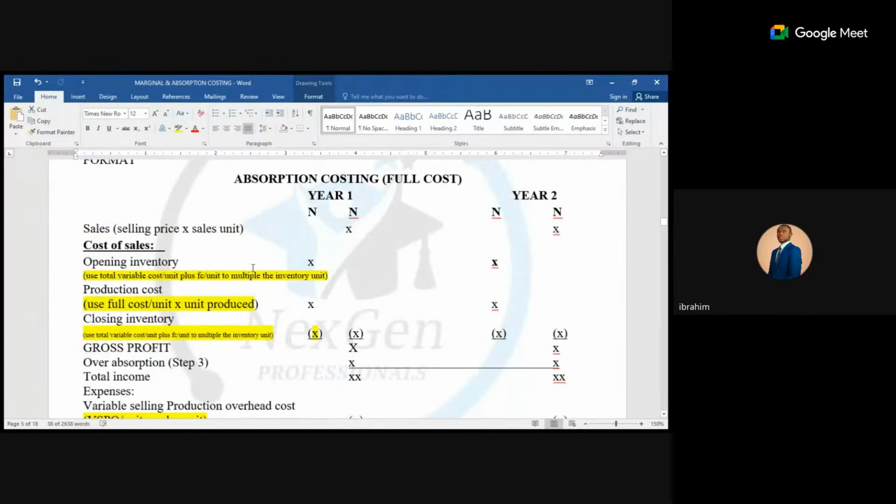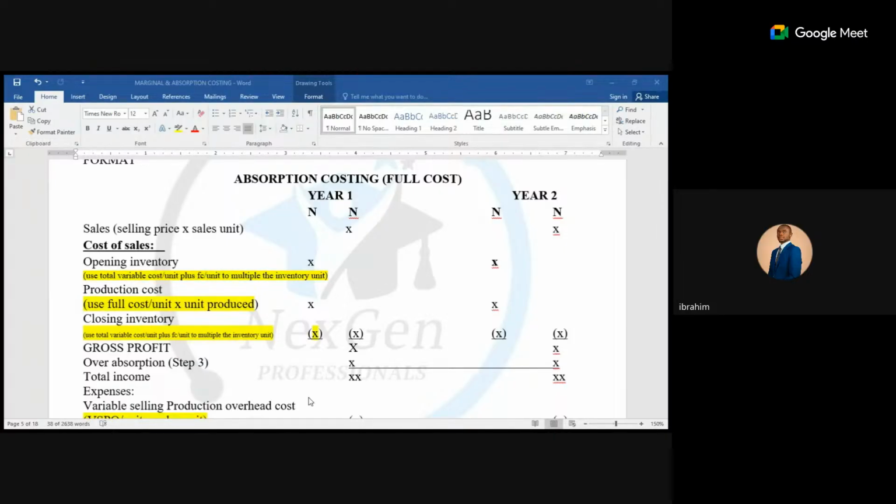Okay, now the question is, how do we value the inventory using absorption costing? It is full cost, class, full cost.